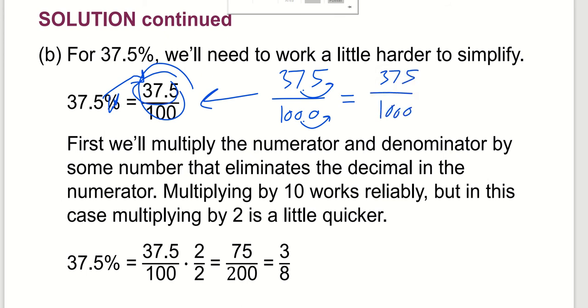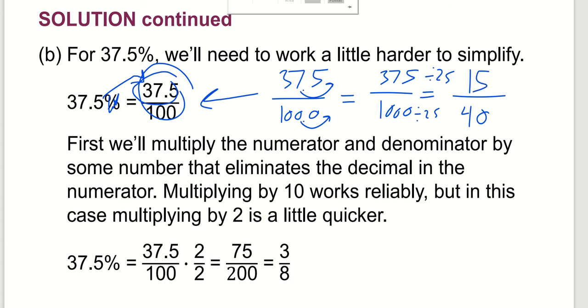Once we do it like that, we can simply go ahead and reduce it from here. For instance, we know that both of these would be divisible by 25. Just looking at it, I notice 25 right off the bat would work. 25 goes into 1,000 40 times, and 25 goes into 375 15 times.